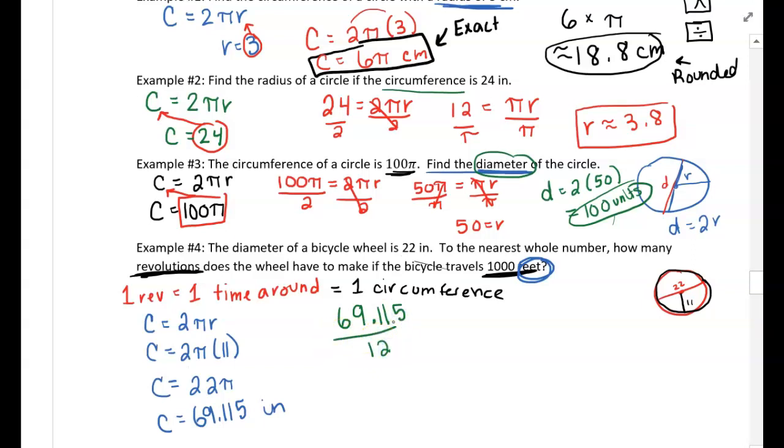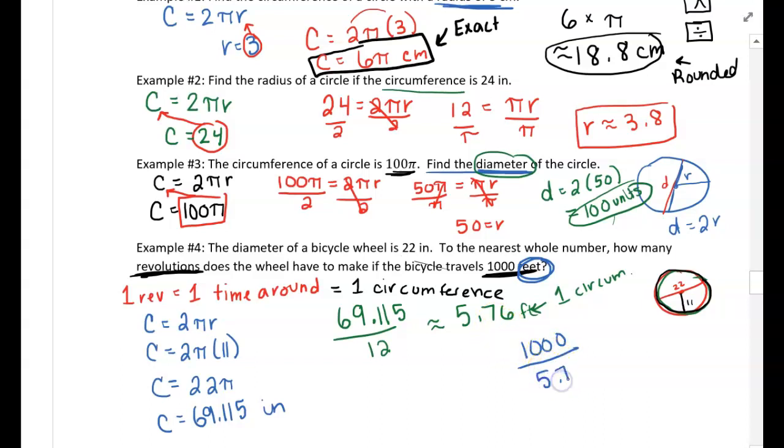When I do that, I get roughly 5.76. So one time around, I go 5.76 feet. This is 1 circumference. But it tells me I'm traveling 1,000 feet. One time around I travel 5.76 feet, so I need to know how many times around the bicycle has to go for me to travel 1,000. That's taking 1,000 and asking how many 5.76s make up 1,000?